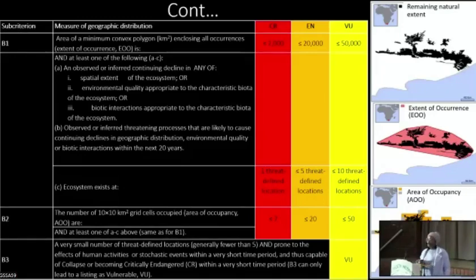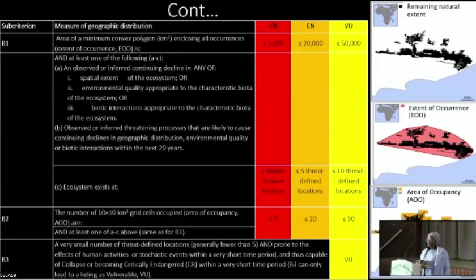The second spatial criterion is criterion B, which looks at ecosystems with limited extent, or ecosystems that are narrowly distributed. This criterion uses 2 spatial metrics, extent of occurrence and area of occupancy, to identify ecosystems with limited extent.